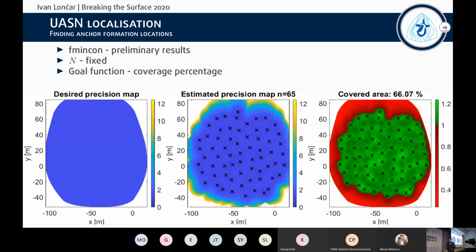Now I'm moving a little bit to the least squares methods because maybe that technique can offer me easier representations of the precision of localization for the underwater agents without any feedback from the underwater agents.